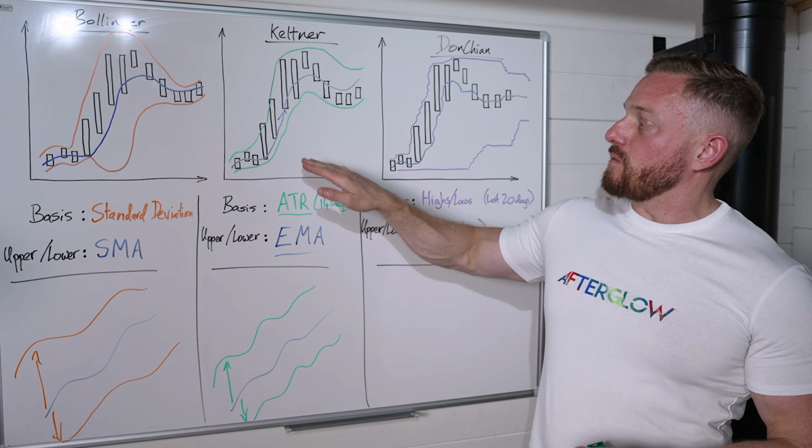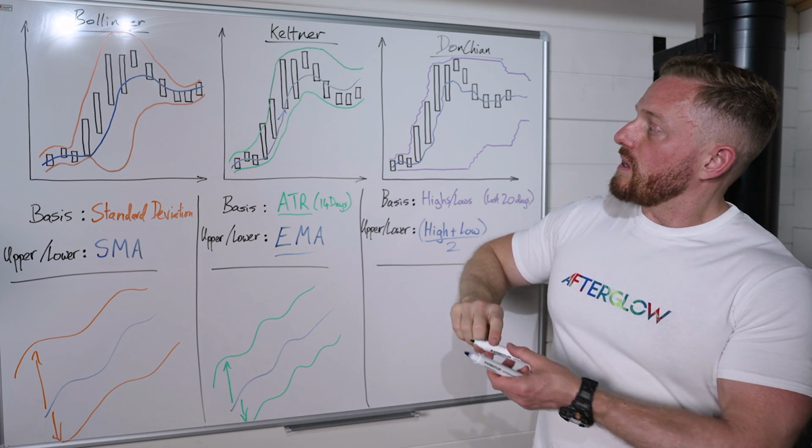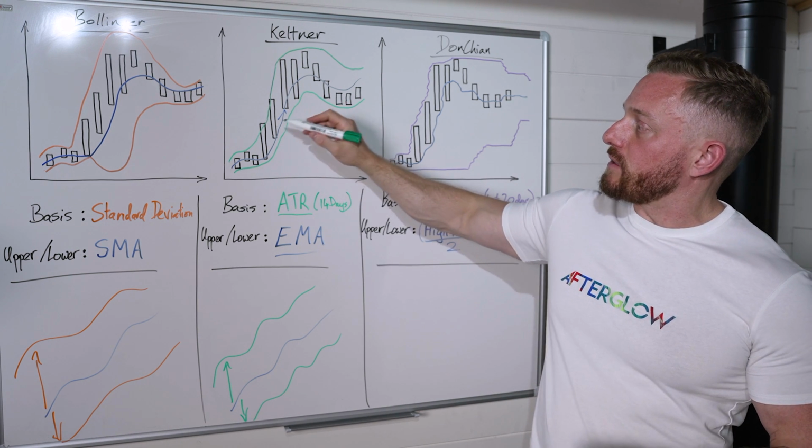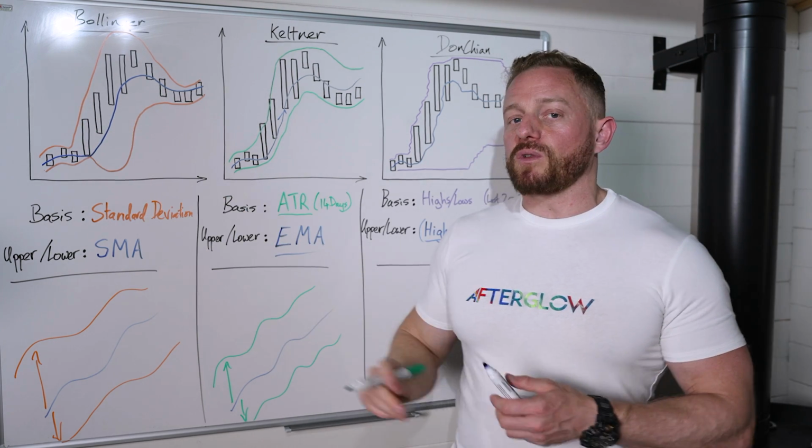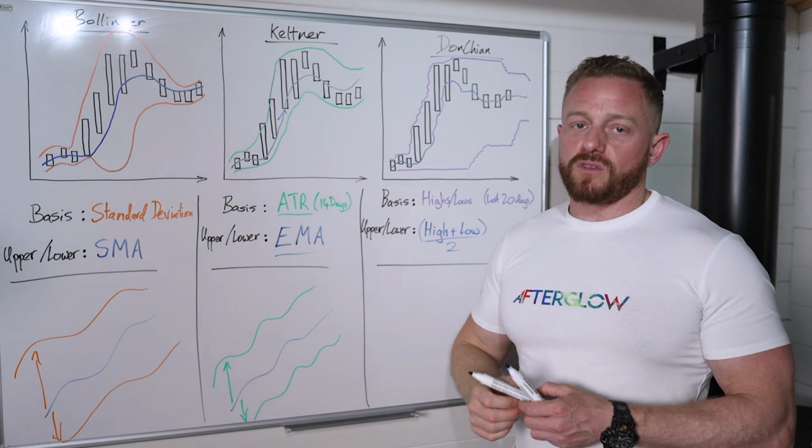And that's the reason why the Keltner bands kind of track this channel more closely and don't blow out like we saw with the Bollinger Bands so much.